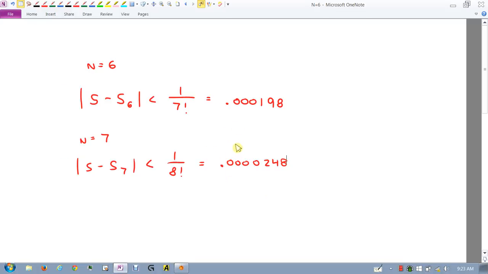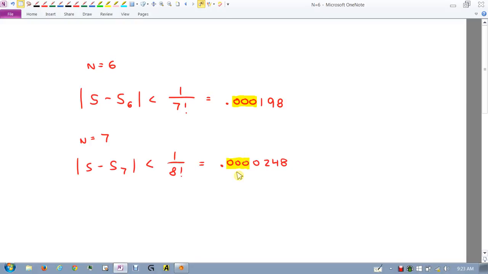Look, the tenths, hundredths, thousandths positions don't change as you go from one to the other, correct? So if n is 7, and I keep going, n is 8, n is 9, n is 10, it's not going to get any more accurate in terms of the first 3 decimals. It's going to stay the same accuracy, isn't it? My error is only going to be off by smaller than 1/1000.